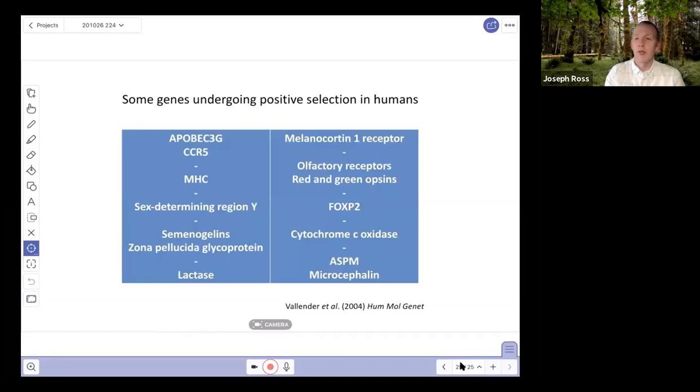Lactase is another example of recent positive selection in humans. That is evolution near the gene that allows adults in humans to continue producing lactase, the enzyme that digests milk sugars. So some individuals in the population have those mutations and become lactose tolerant. Most individuals in the world don't have that change and they're lactose intolerant.